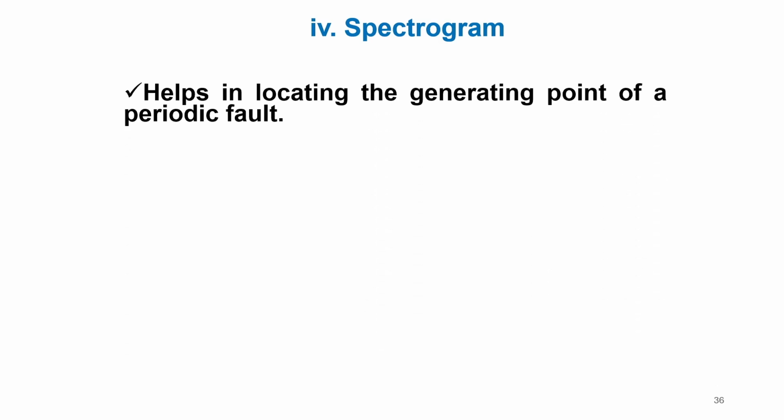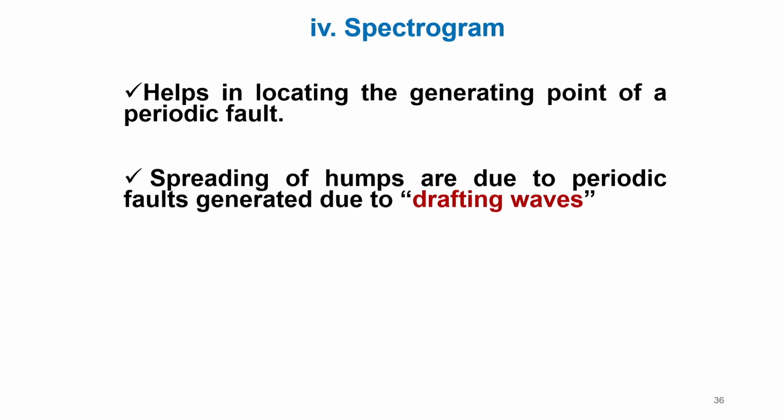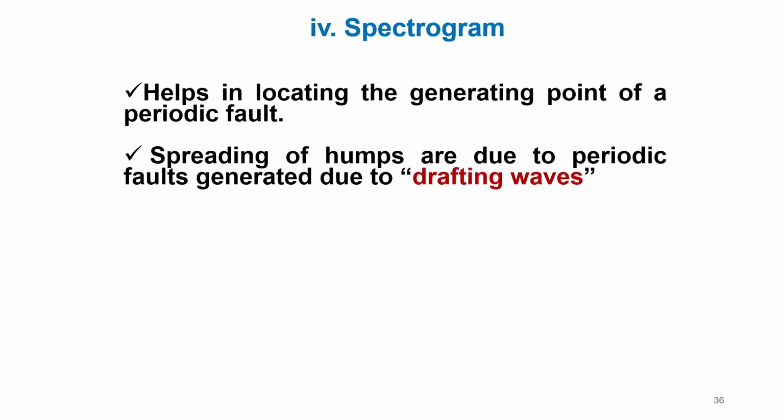It helps in locating the fault, and the point where the fault is generated, due to a roller defect particularly, where it is periodic in nature. The spreading of humps is due to periodic fault, but it is due to drafting wave. I will show you. This is the spectrogram as we know.